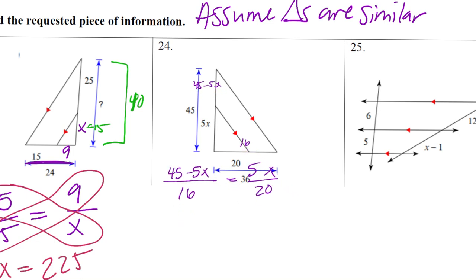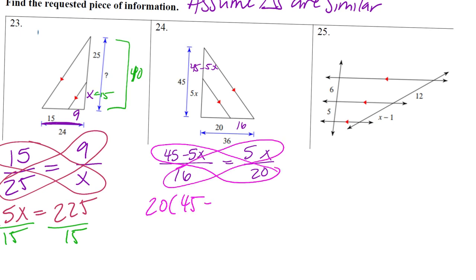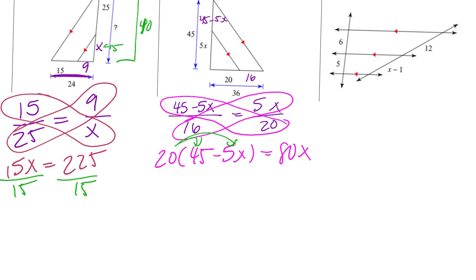So then we want to cross multiply. Don't forget we need to distribute. So I get 900 minus 100x equals 80x.